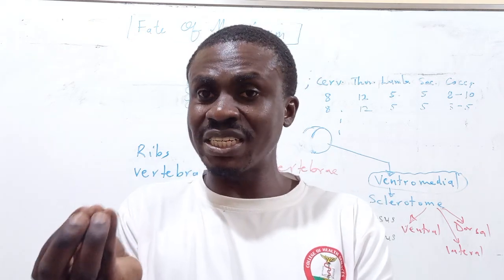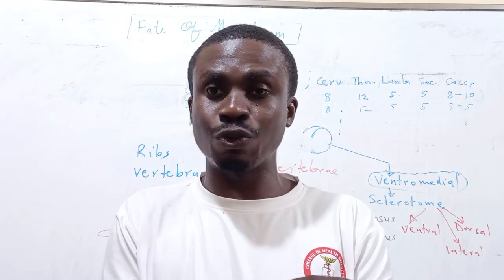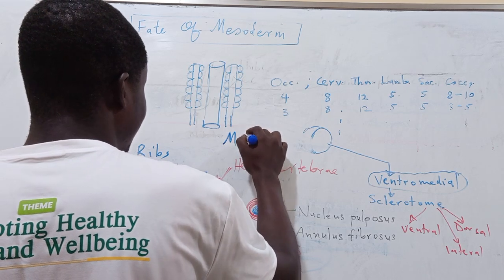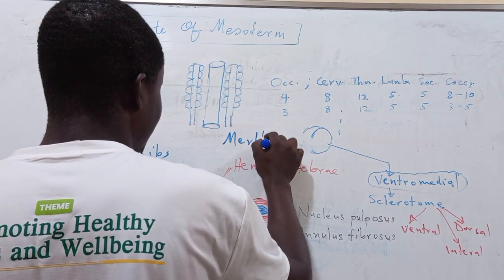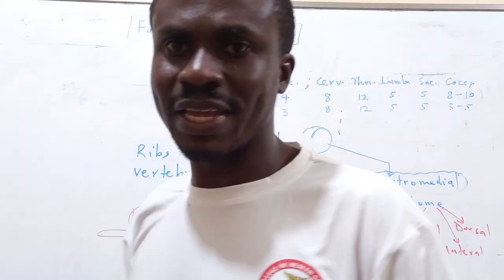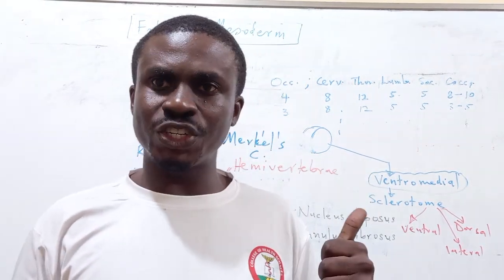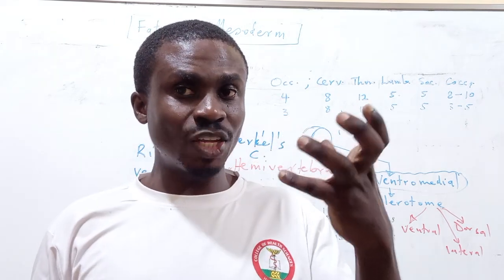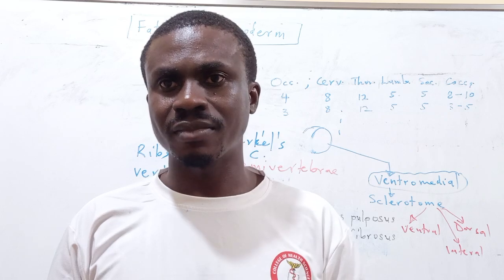The mesoderm of the first pharyngeal arch gives rise to Meckel's cartilage, and that is the one which will give rise to the first two bones, malleus and incus.